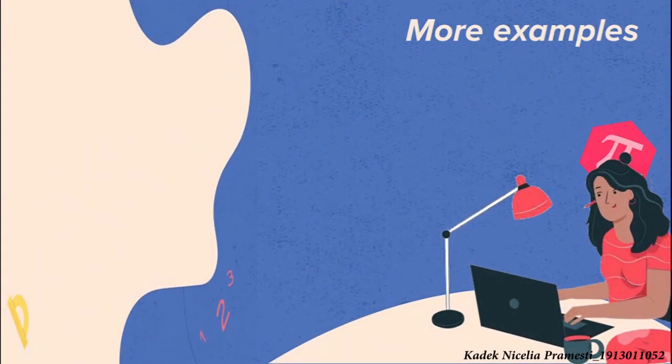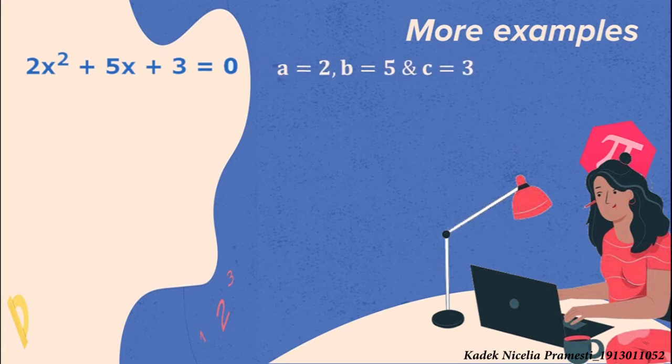Okay, next, more examples. Example number 1: 2x squared plus 5x plus 3 equals 0. Okay, and this one, we get a equals 2, b equals 5, and c equals 3. Example number 2: x squared minus 3x equals 0.